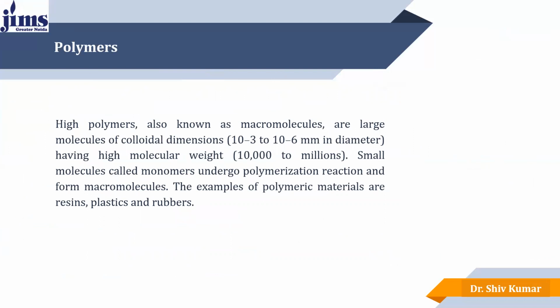Now, this is about the glasses, and we will move forward to the polymers. The polymers are also known as macromolecules, which are larger molecules of colloidal dimension, 10 raised to the power minus 3 to 10 raised to the power minus 6 mm in diameter, having high molecular weight, near about 10,000 to millions.